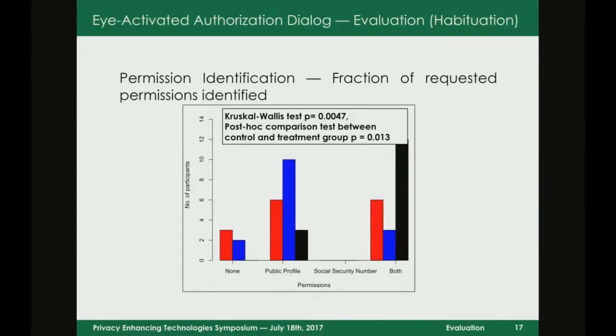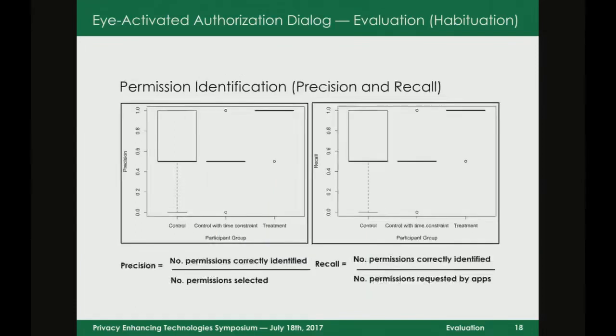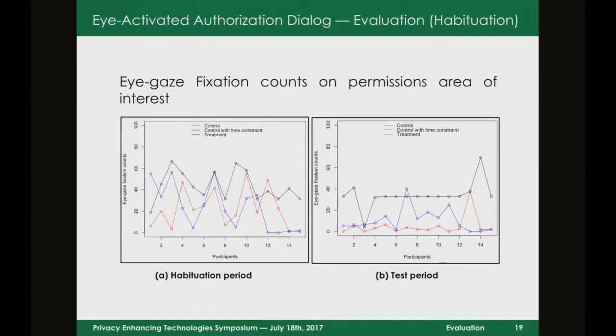And again, we did find that there was a significant difference. Also, we calculated the precision and recall. On average, we did find that the users had better precision and recall in both the time-constrained group and the eye-activated group.